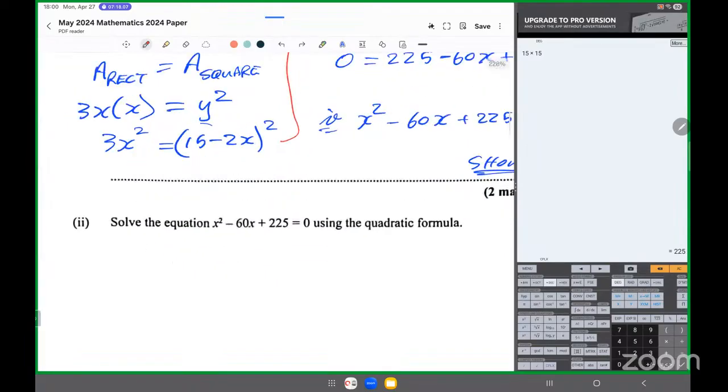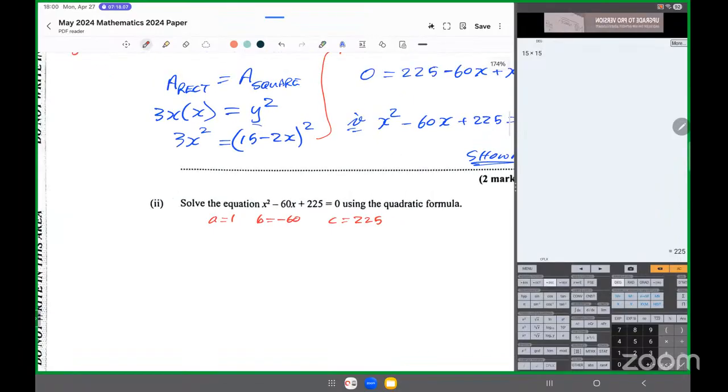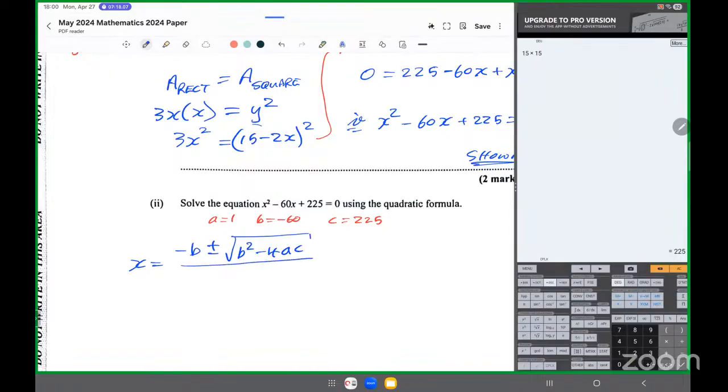We need to find the a, the b, and the c. So a equals 1, that's the coefficient of x squared. The b equals negative 60, and the c equals 225. Remember, the quadratic formula says x is equal to minus b plus or minus the square root of b squared minus 4ac, everything over 2 times a. You're putting the values in now.